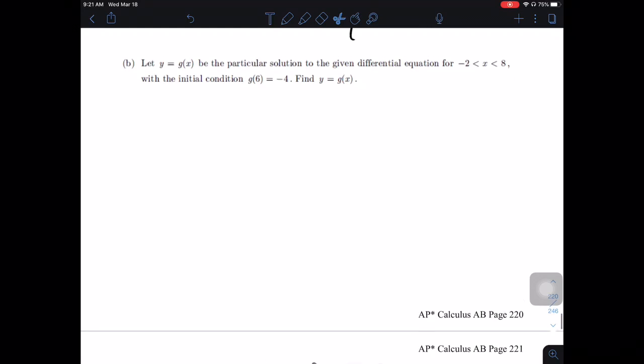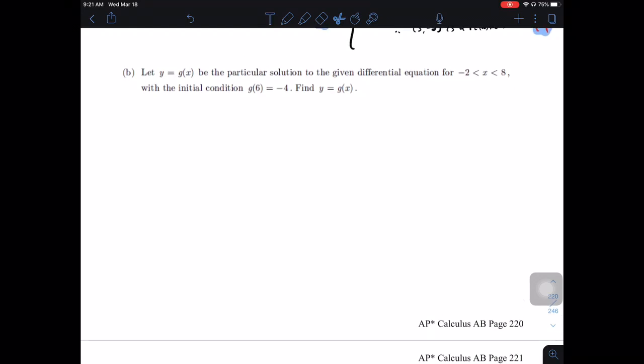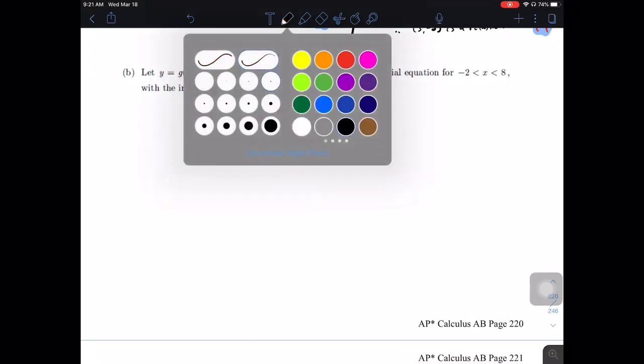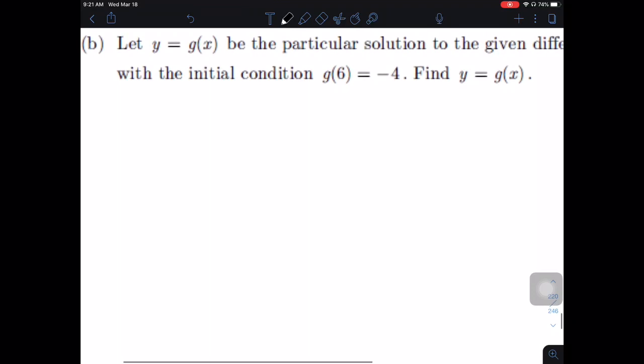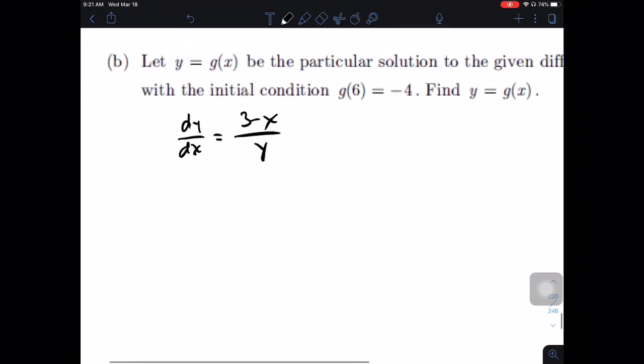B. Let y equals g of x be a particular solution of the given differential equation with x being between negative 2 and 8, with the initial condition of 6, negative 4. Find g of x. Well, we were given that dy over dx is 3 minus x over y. We want to separate our variables and integrate.